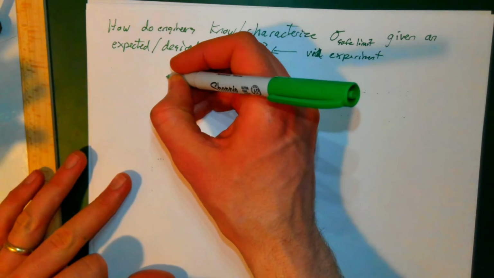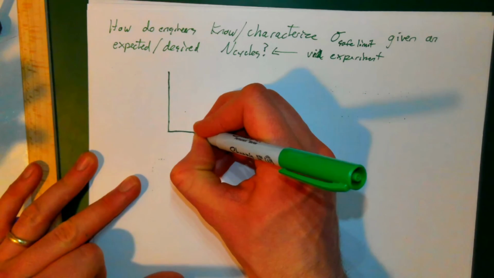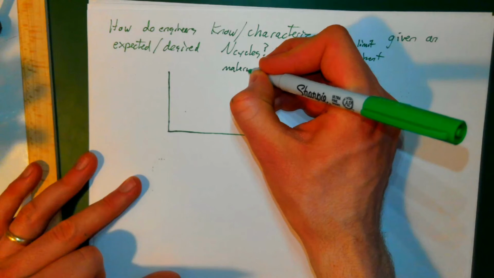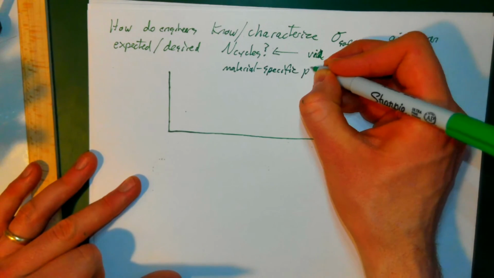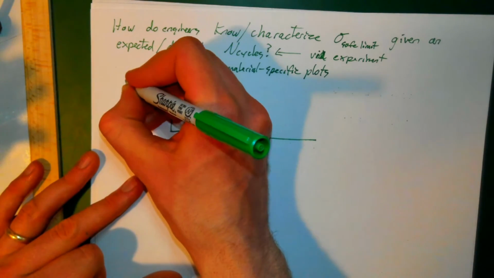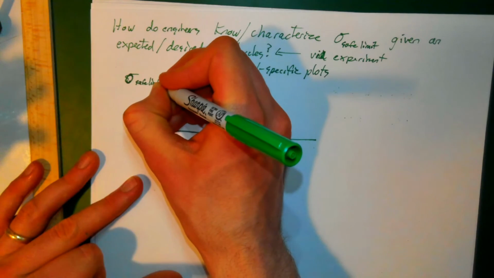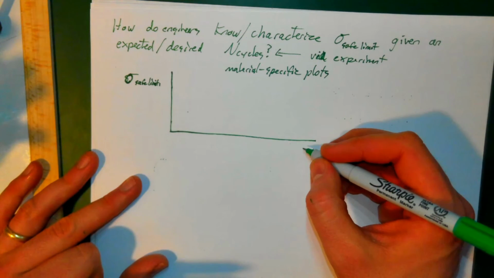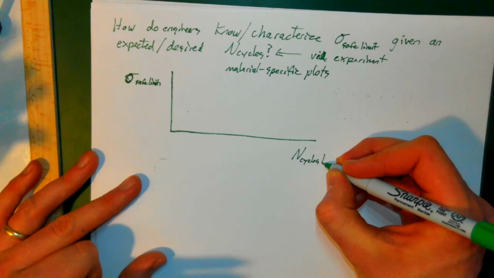And basically what you end up doing is creating material specific plots where you put a safe limit of stress as a function of the number of cycles before failure.